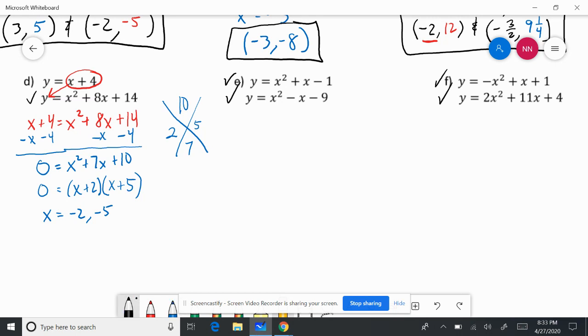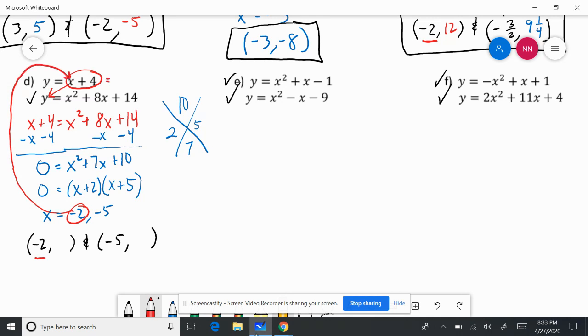Now, if you remember, we have to write two ordered pairs. The first one is -2 and some number, and the second one is -5 and some number. What I like to do is pick the easier equation to plug it into. So if I'm plugging in -2, the top equation looks a little bit easier. So I'm going to take the -2 and plug it in. When I plug it in, what I have is -2 plus 4, which of course is 2.